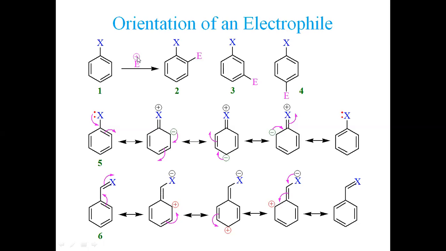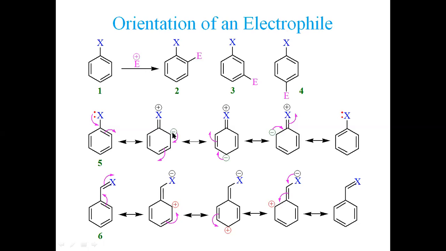The electrophile is electron deficient. It shall be attracted electrostatically by this negative charge. Just focus on why the electrophile approaches this ortho position and the para position: because there is a negative charge here. So the electrophile prefers to approach the opposite charge.